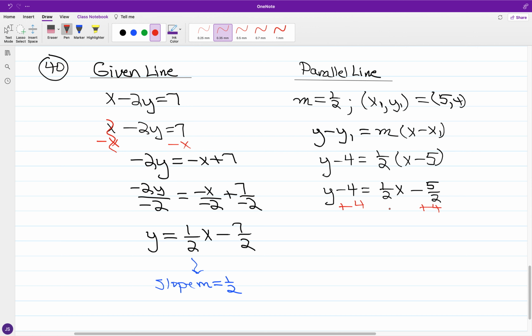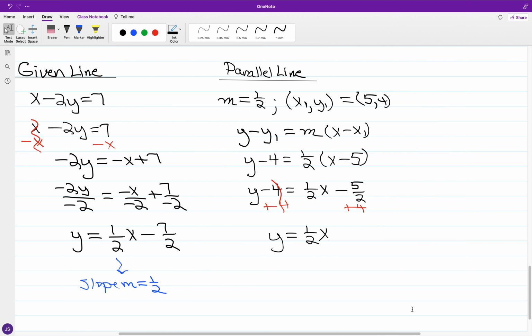And we have, upon adding 4 to both sides, so we got y is equal to 1/2 of x. Now for negative 5/2 plus 4, or 4 over 1, okay.